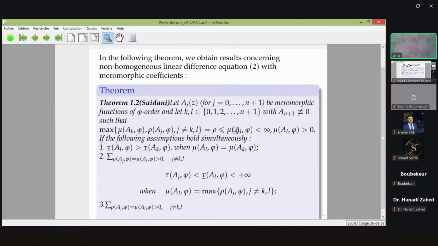If the second member of equation 2 is different from 0, meaning the equation is non-homogeneous, we can prove that every solution f has a phi order of growth greater than or equal to the lower phi order of the leading coefficient AL. But if the equation is homogeneous, so that the second member f is equal to 0, the phi order of the solution must be greater than the lower phi order of AL plus 1.